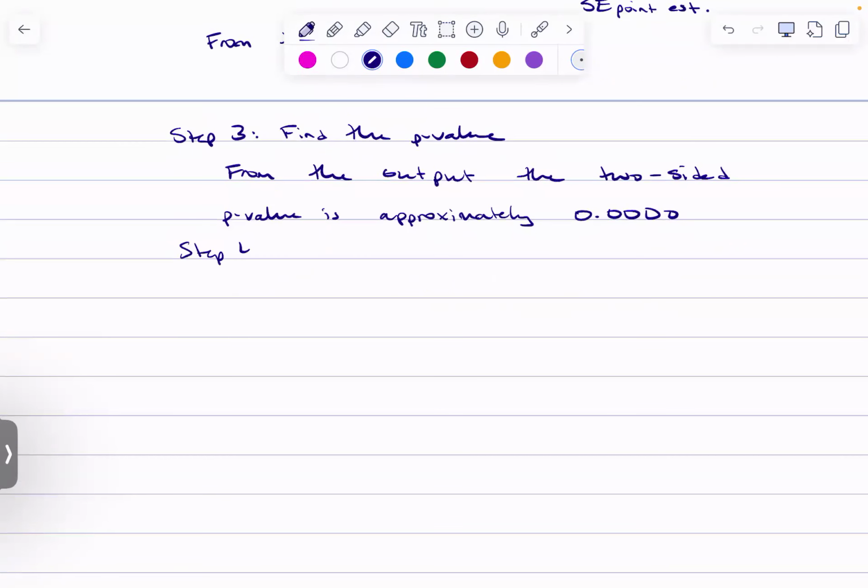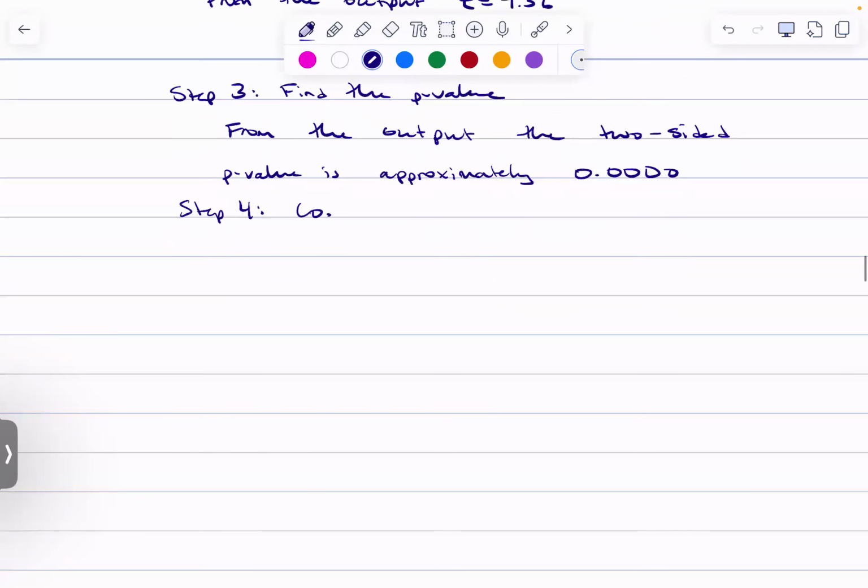Step 4, your conclusion. Same structure as always, right? Which is why we worked so hard on our conclusions and finessing those conclusions, because they always follow the same structure. Since our two-sided p-value is approximately 0. It's not 0, it's approximately 0.